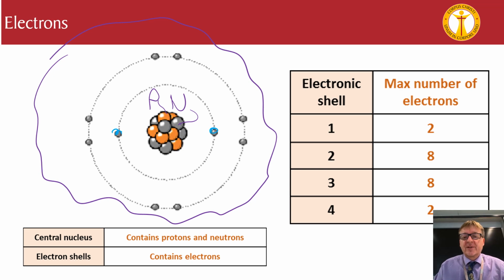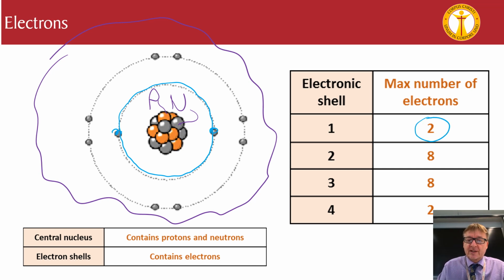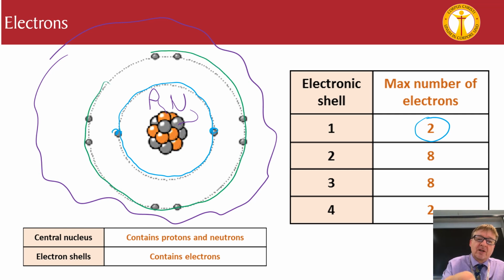Now, what was thought up was that the electrons are in shells. The first shell can contain a maximum of 2 electrons. Once it gets to 2 electrons, it's full, and then you draw on another shell that can contain a maximum of 8. So if I do, in black, something that's got 4 electrons, you have 1 there, that shell's then full, and then you have 1 there and 1 there.